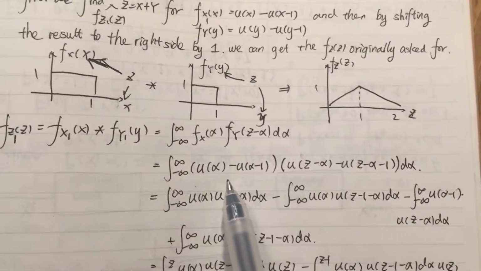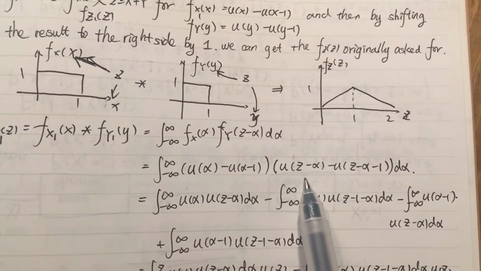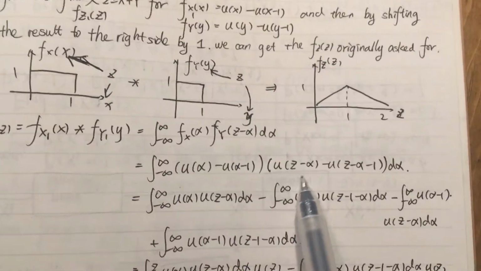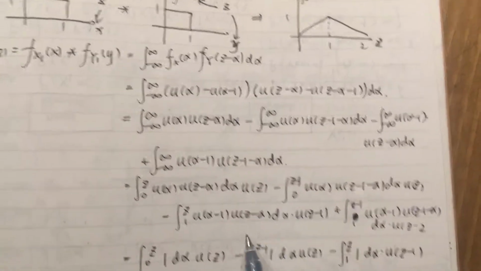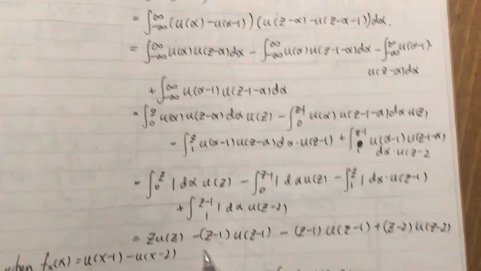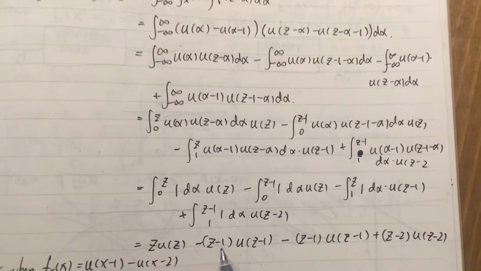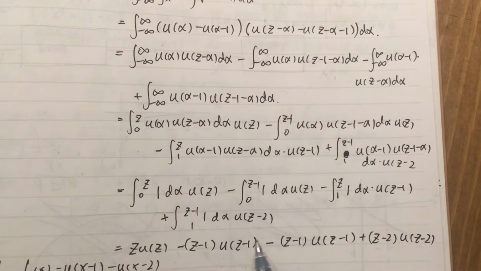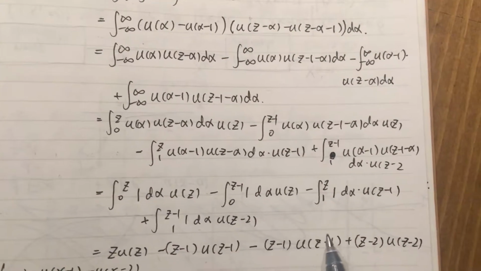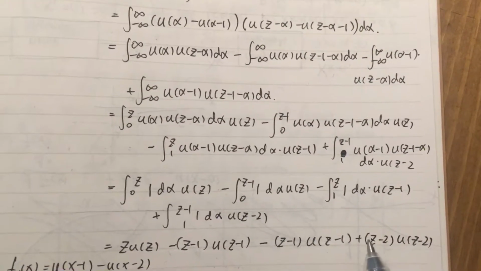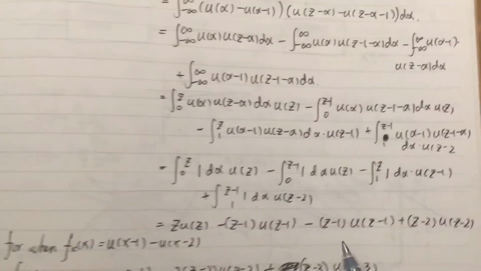The first is u(alpha) - u(alpha - 1), and the second is u(z - alpha) - u(z - alpha - 1). These can be calculated by separating the integrals, and we finally get z times u(z) minus 2 times (z - 1) times u(z - 1) plus (z - 2) times u(z - 2). And these can be combined together.